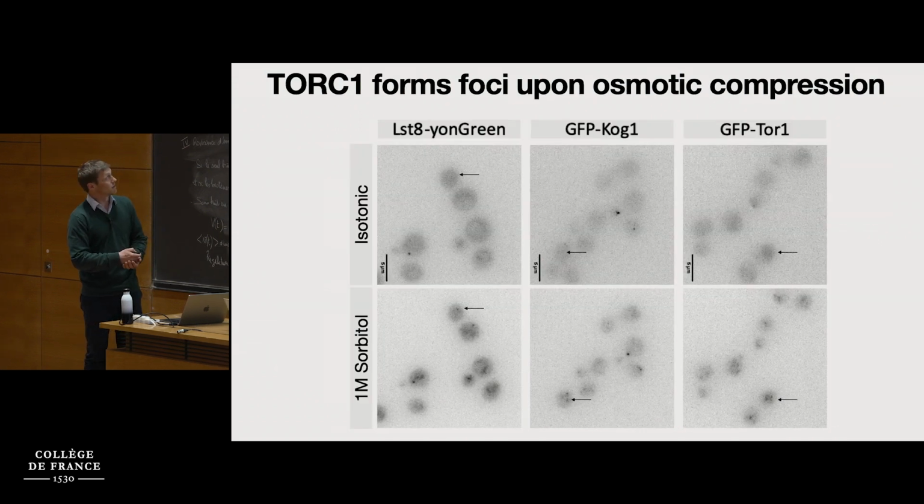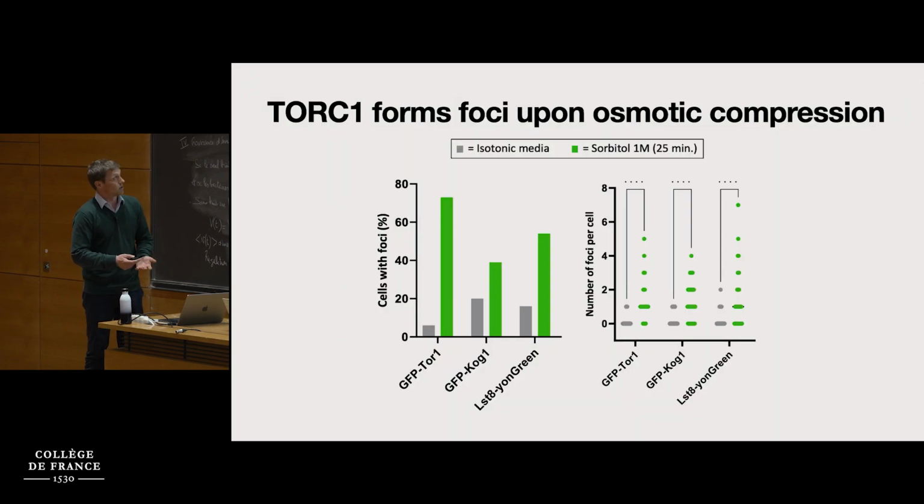When he looks at different members of TOR complex 1, he can also see, I hope you can appreciate, that you rapidly get foci that were not present before the hyperosmotic shock. This is a quantification showing that most cells will have a focus after you compress them, and the number of foci also increases after osmotic compression.